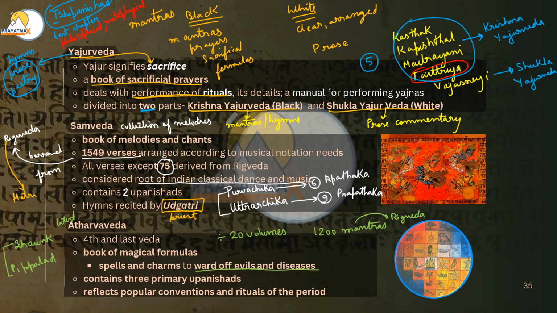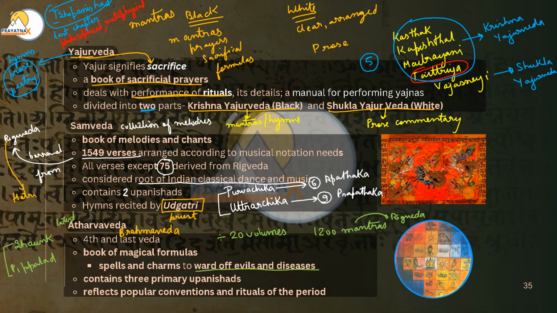Another thing here is it is also called Brahmaveda. And this reflects the beliefs and superstitions of the people at that time.